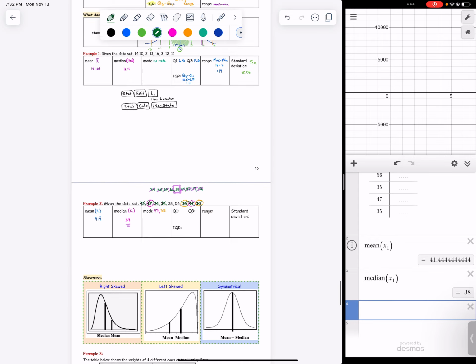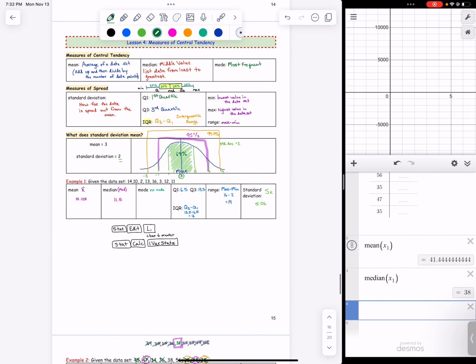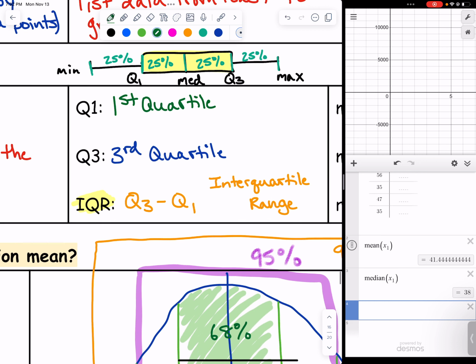So let's add that over here to our vocabulary. The first quartile is the median of the first half of the data. And quartile 3 will similarly be the median of the second half of the data.